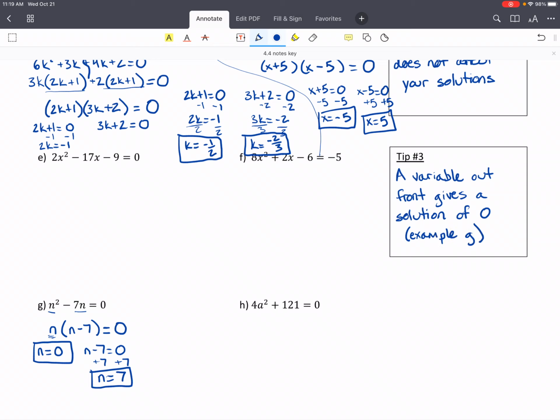So that's the third tip I want to leave with you, is that a variable out front gives a solution of 0.